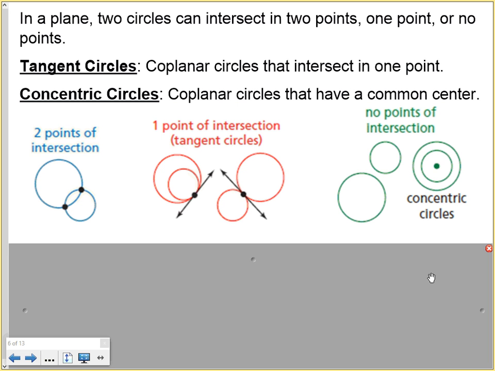And then concentric circles are coplanar circles that have a common center. So if you think about like a basic target, not like a dark target, that wouldn't really apply here, but a basic target that you would see somewhere has a bunch of concentric circles on it. They all have the same center, but they're different sizes.